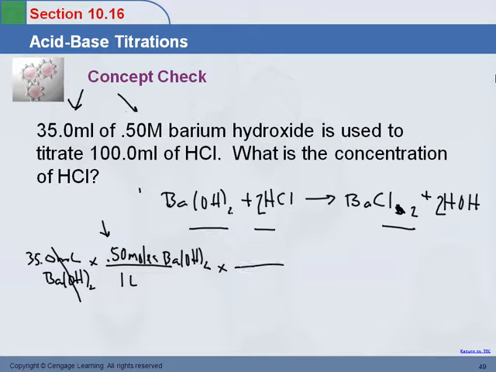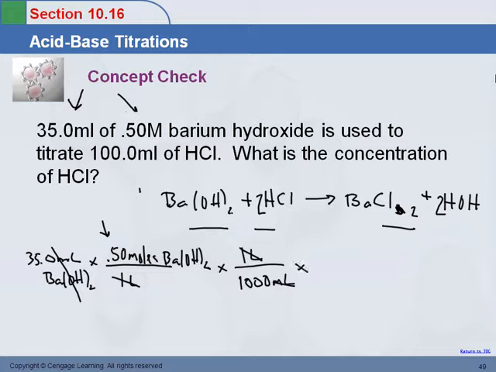Shoot, I forgot to change from milliliters to liters. So I'm going to tack this on down here, 1,000 milliliters and 1 liter. Now I can get rid of milliliters, and I can get rid of liters. And right now I'm in moles of barium hydroxide. So this was step 2, get to moles of the substance that I have volume and molarity for.